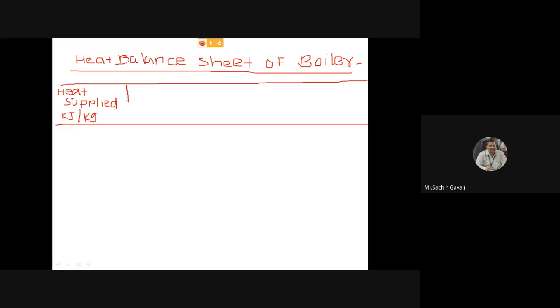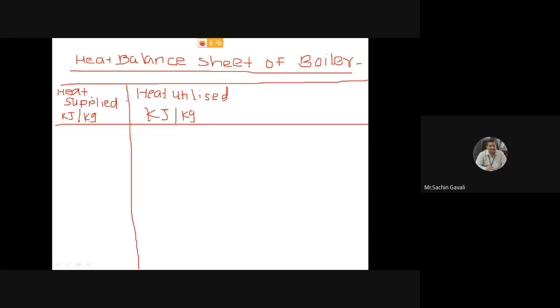Okay. So heat supplied is one of the columns for the heat balance sheet. So I'll draw here: heat supplied. The unit of heat supplied is kilojoule per kg. And second is how much heat is utilized from the boiler. Next is heat utilized, again the unit is kilojoule per kg. Per kg of fuel we are burning and heat utilized in kilojoule per kg.